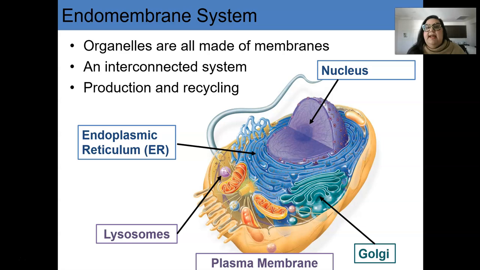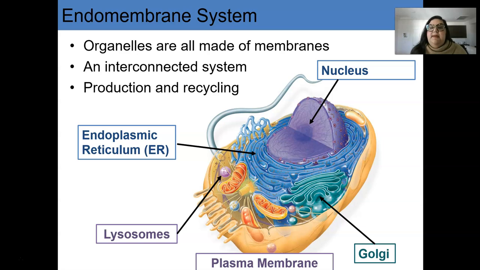So let's take a deeper look at some of the other organelles. You can think of organelles as little organs within a cell. There is an endomembrane system within the cell, made up of organelles that are an interconnected system.